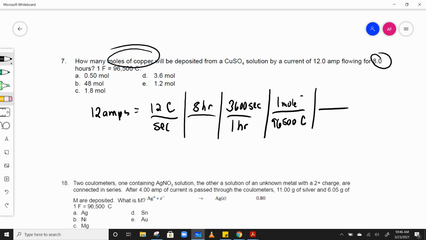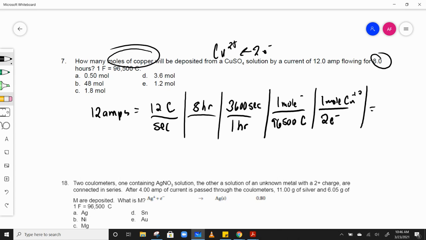Moles of copper. So we do know that the Cu is Cu2+, so we know there's actually 2 electrons for every 1 mole of copper. This is kind of like a stoichiometry problem.